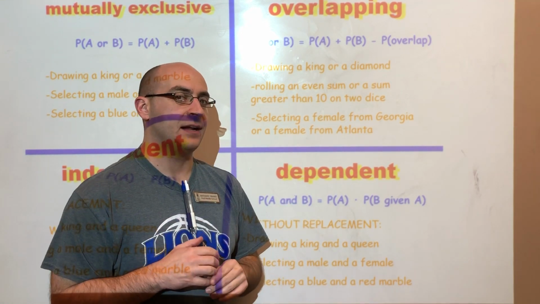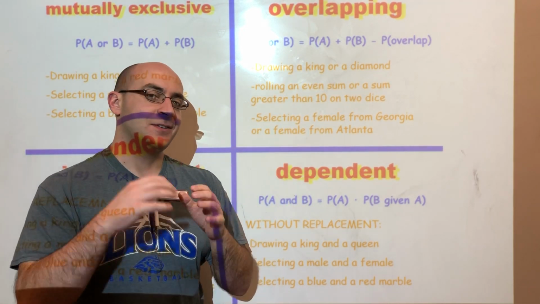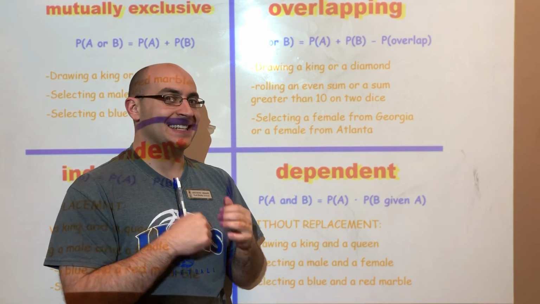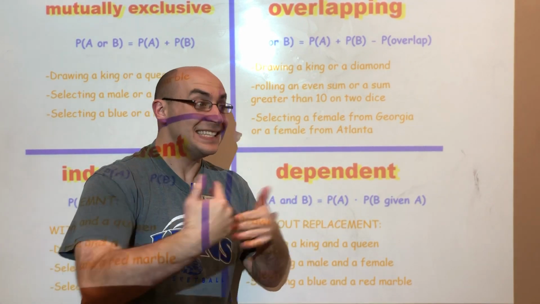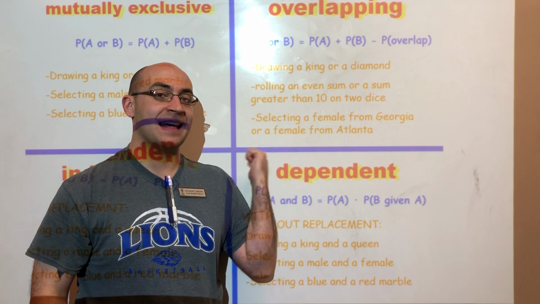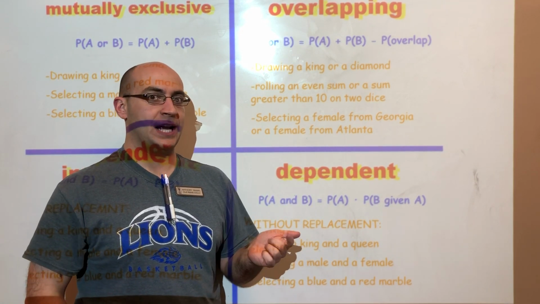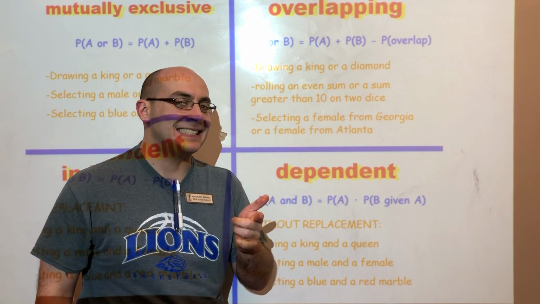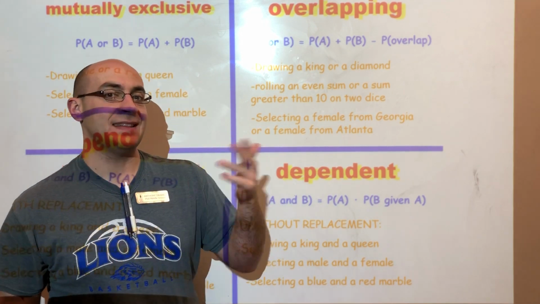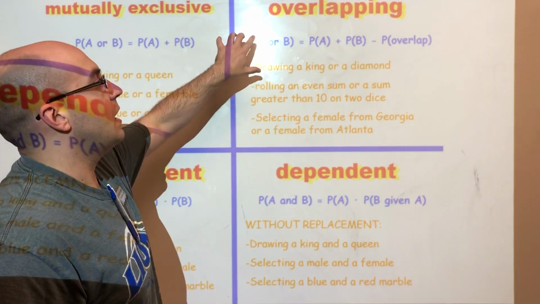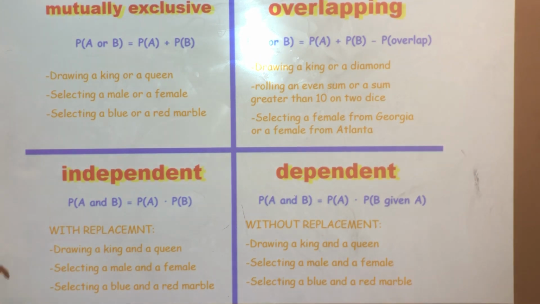There are 4 kings and 13 diamonds, but it's not 4 plus 13 to get 17, because I'm duplicating the king of diamonds. So I subtract that one out. I have a 16 out of 52 chance because I can't double count the diamond that is a king.